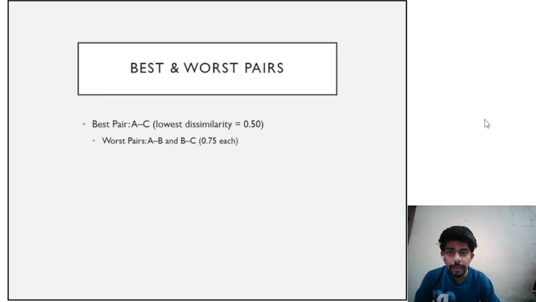Now let's look for best and worst pairs. Best pair is AC, of course, because it has the lowest dissimilarity of 0.5, while the worst pairs are AB and BC. Both have dissimilarity of 0.75 each.